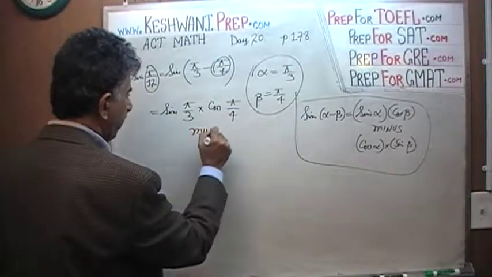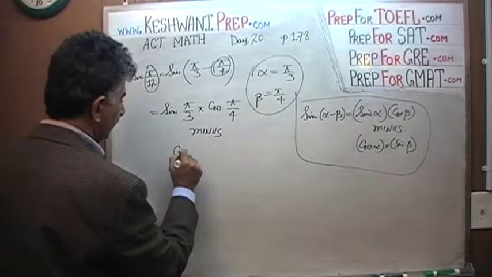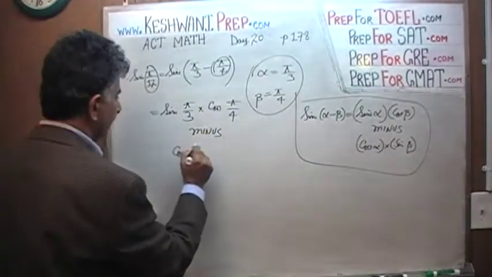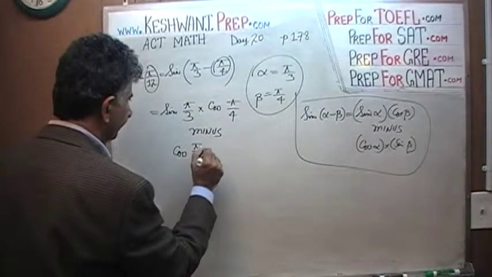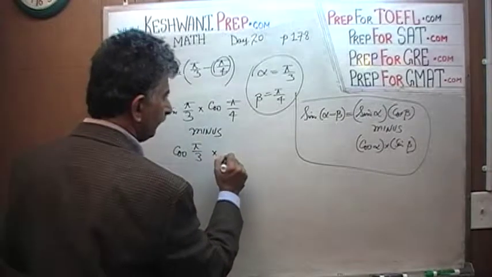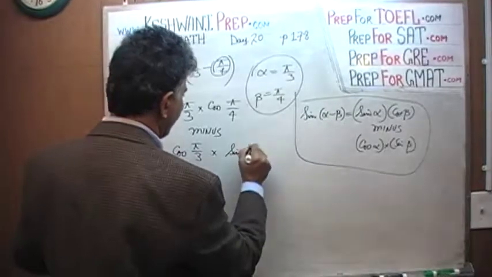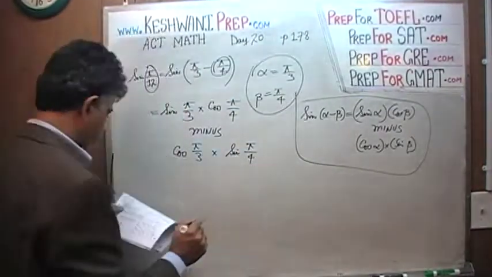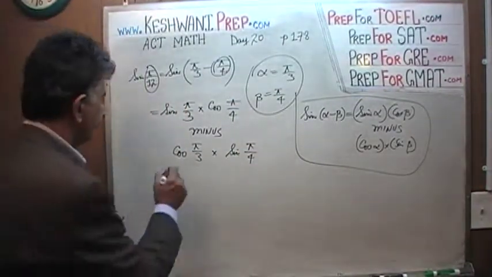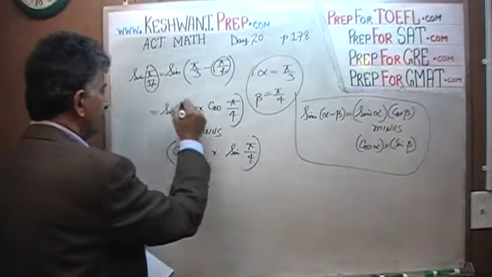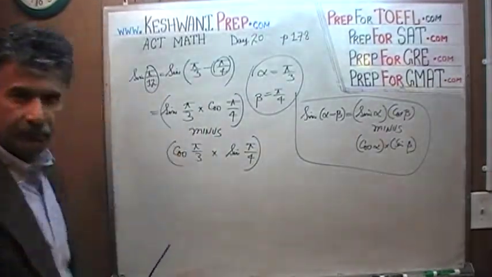Minus cosine of alpha, which is cosine of pi over 3, times sine of beta, which is pi over 4. So that's it. It's this quantity minus this quantity. Let's get going, shall we?